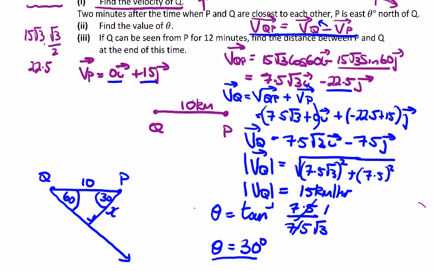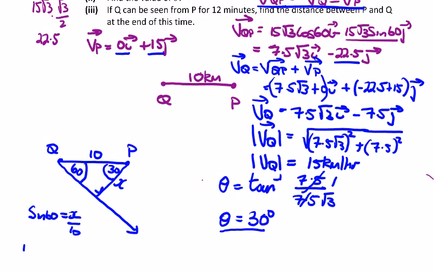So we get x here. X is going to be 10 sine 60, or sine 60 is equal to x over 10. To get that, 10 sine 60 is equal to x. Sine of 60 is root 3 over 2, so x is 8.66, I think. 8.66025, so 8.66 kilometers.